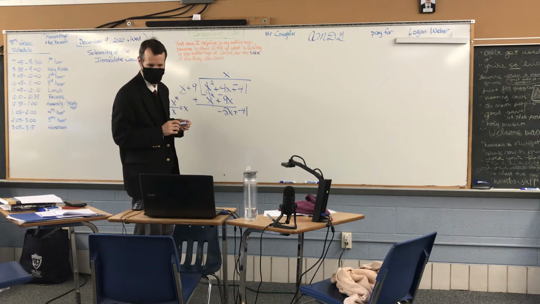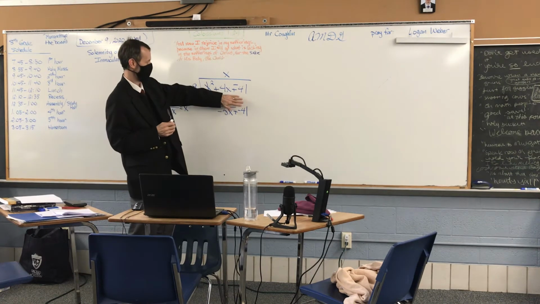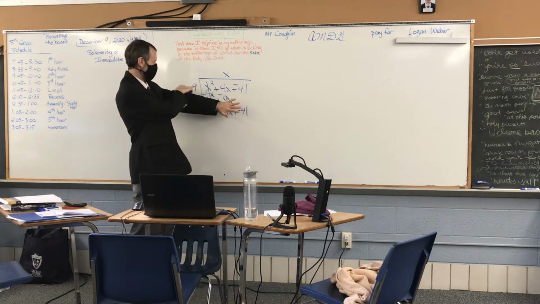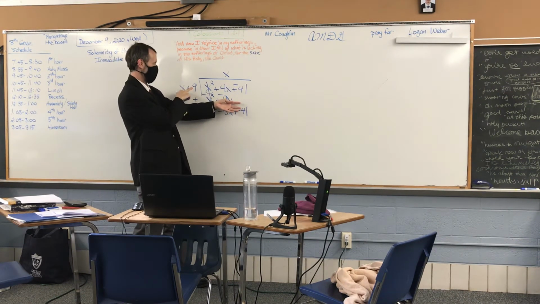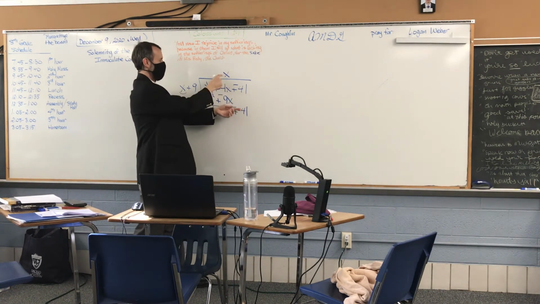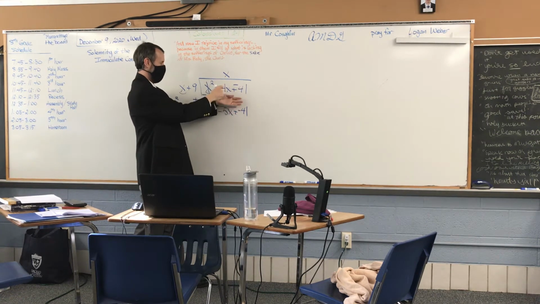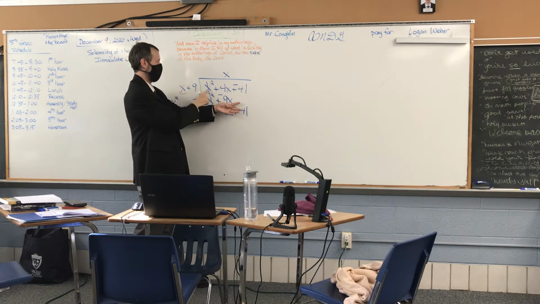Could you slow down? Okay, start here. You see this is kind of as 2 digits, like x plus 9. Can 2 digits go into 1? No. Can 2 digits go into 2? Yes. So it's going to be here, I just don't know how many. All you do is look at the first term and the first term. How many times does x go into x squared?